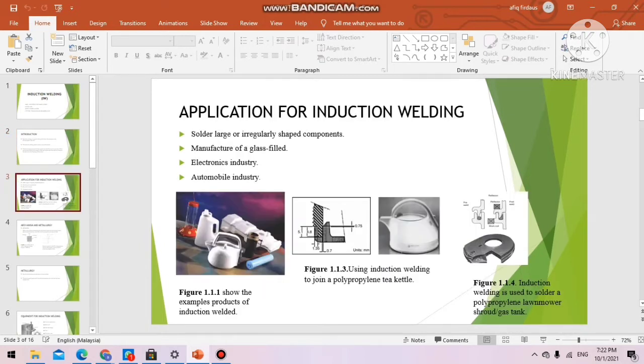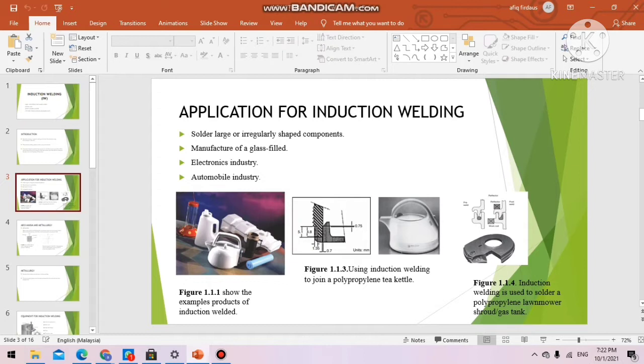The applications for induction welding are soldering or irregularly shaped components, manufacture of glass fiber, the electronics industry, and the automobile industry. Figure 1.1 shows an example of a product of induction welding.